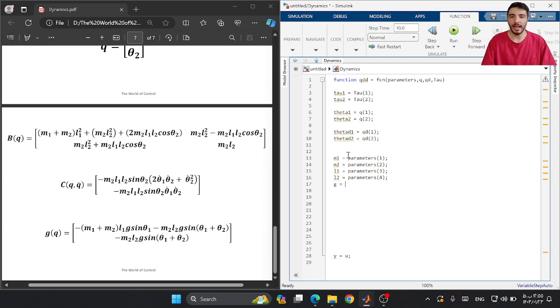Oh, we have g as the gravitational acceleration as parameters 5.